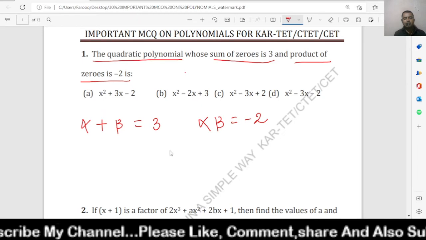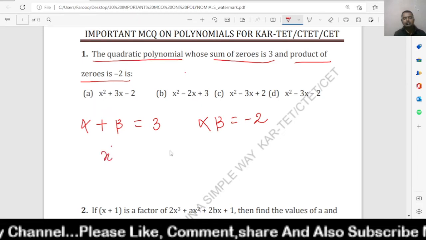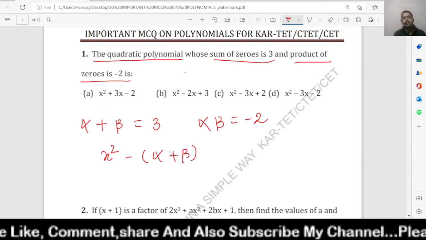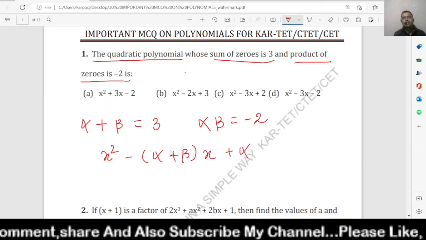We know the formation of a quadratic polynomial: x square minus (alpha plus beta) x plus alpha into beta.